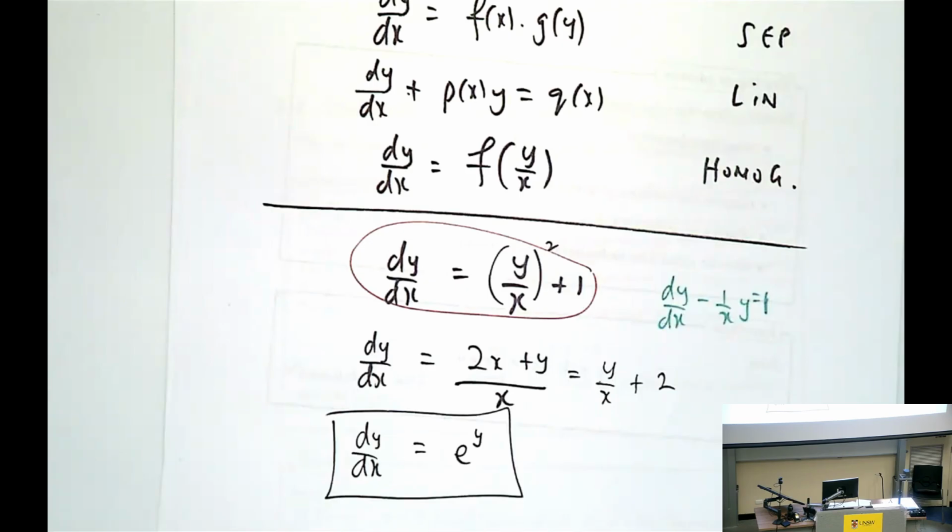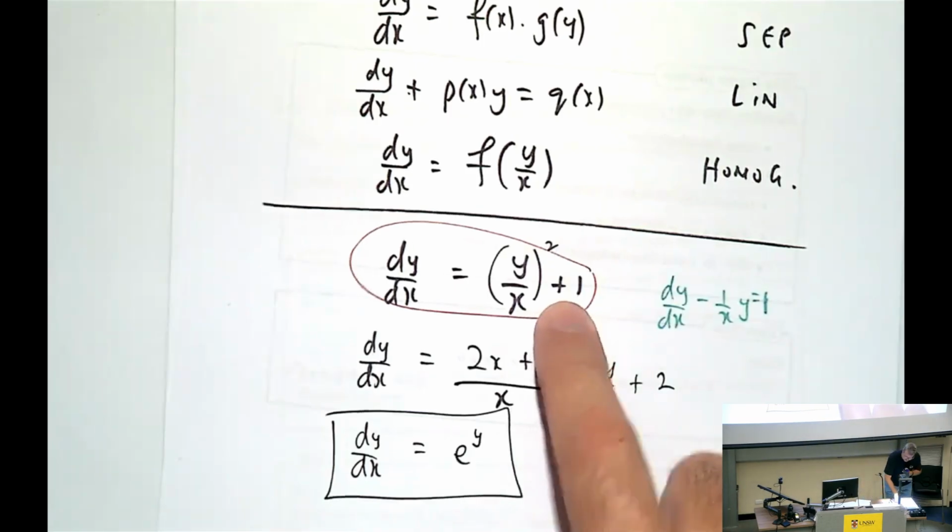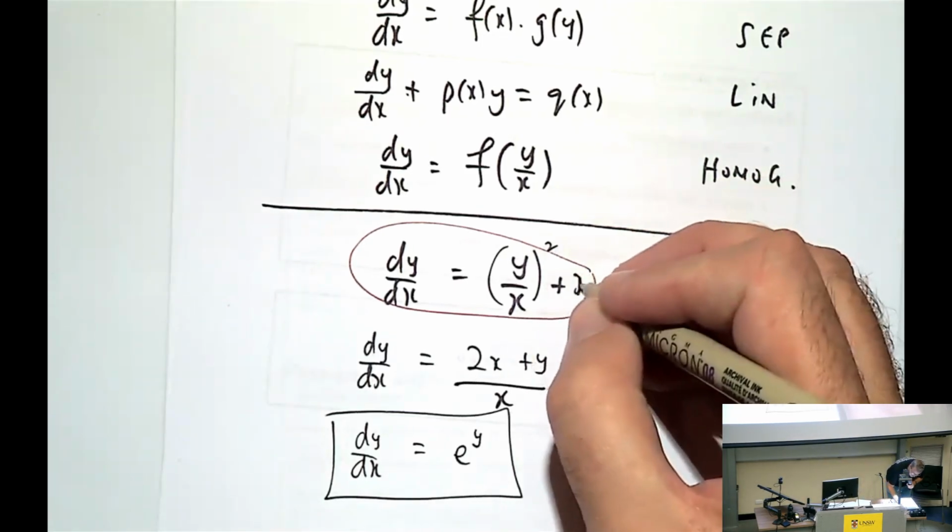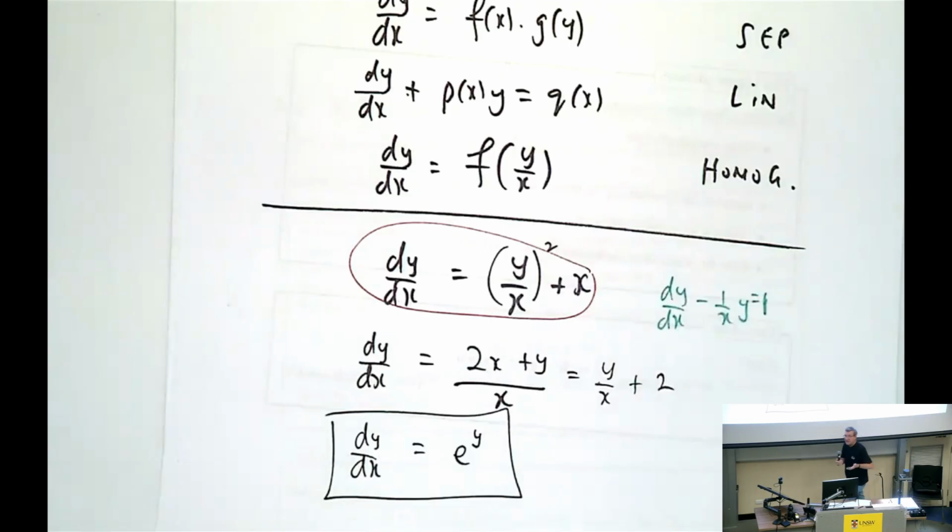Although this one is homogeneous, if I do this, it's no longer homogeneous, because that x on the end is just out there on its own. You need a y above it to make the homogeneous form work. A constant's fine.